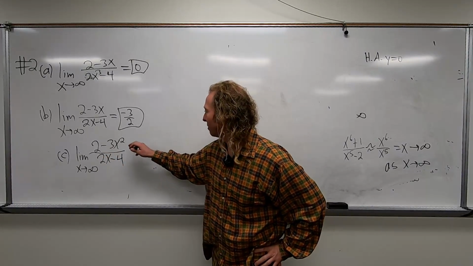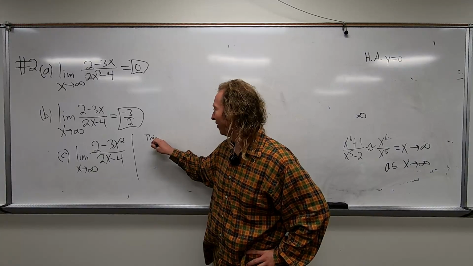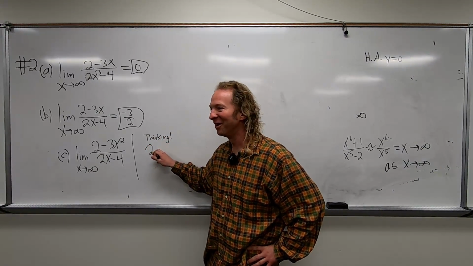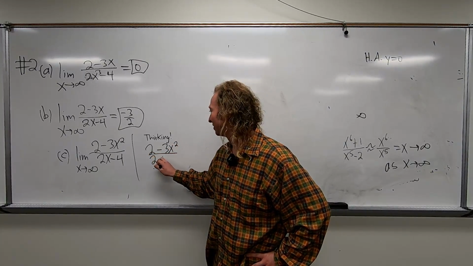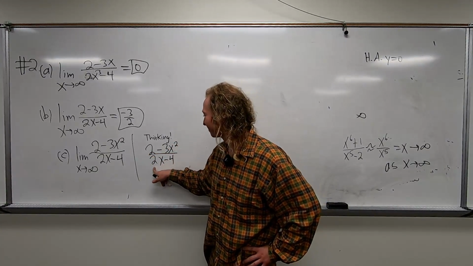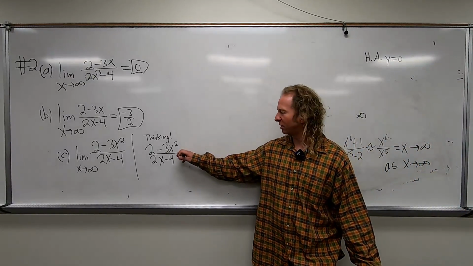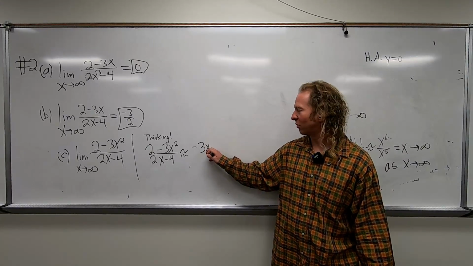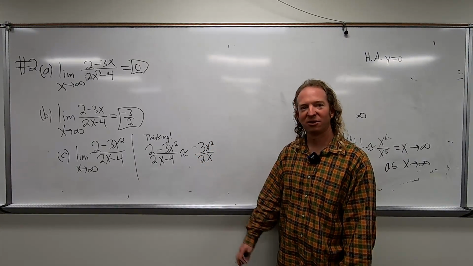So we have 2 minus 3x squared over 2x minus 4. We can drop the numbers. So this is approximately equal to negative 3x squared over 2x, right?